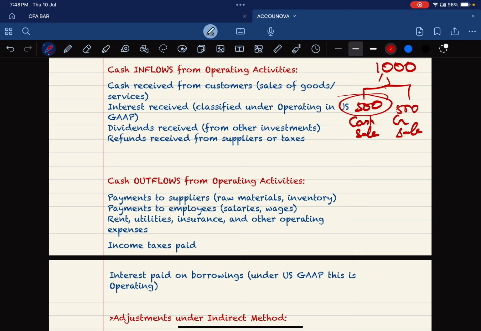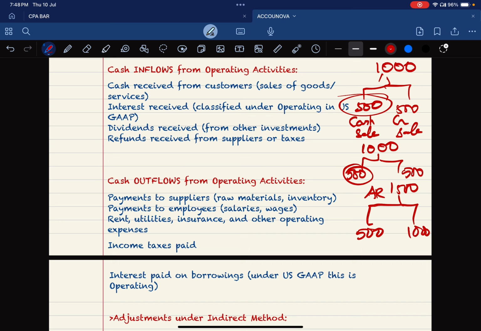Now let's take a deeper example. There was 1,000 of sales, 500 was a cash sale, 500 was a credit sale as usual. So you will record this one. But understand, on the balance sheet there was around 1,500 accounts receivable balance. But in this 1,500, we have received 500 during this period, but 1,000 is still outstanding.